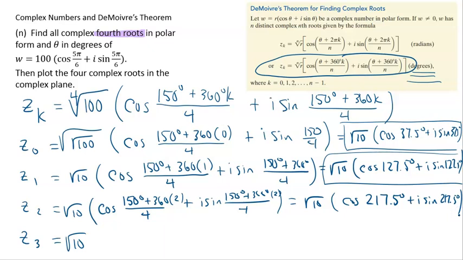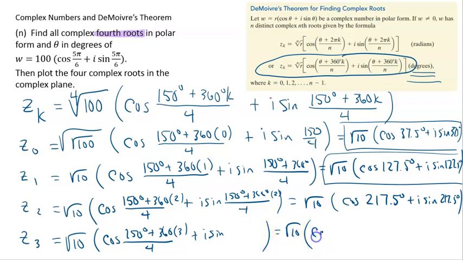And then the last one, Z3. Okay, that's going to give me the cosine of 150 degrees plus 360 times 3 divided by 4 plus I sine of that same angle. I'm going to be lazy and not put it. So it's going to be the square root of 10 cosine. And in my calculator, again, I'm going to type 150 plus 360 times 3.